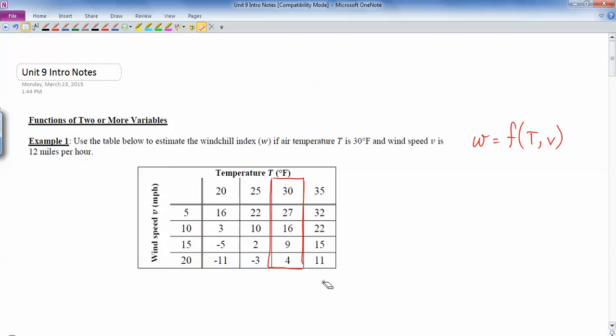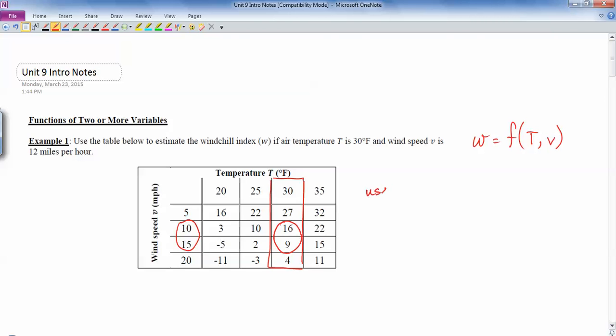So we need to figure out, when it's about 12 miles an hour, that's between the 10 and the 15. So the wind chill should be somewhere between 16 and 9, and probably a little closer to the 16 than the 9, because 12 is a little closer to 10 than 15. So what we can do to figure that out is a method called linear interpolation.